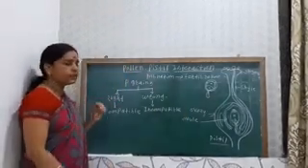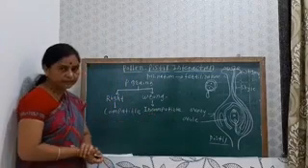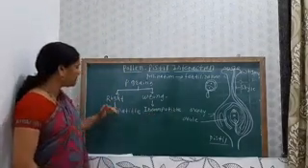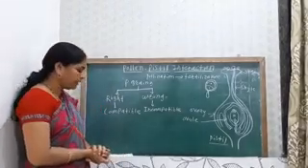The wrong type of pollen grain is known as the incompatible pollen grain. The right type of pollen grain is the compatible pollen grain.